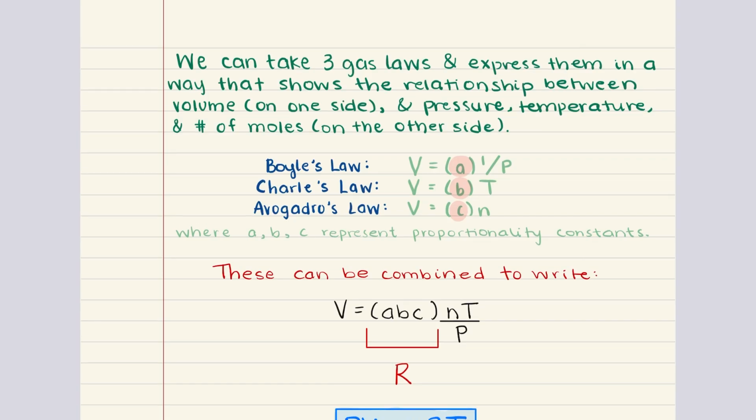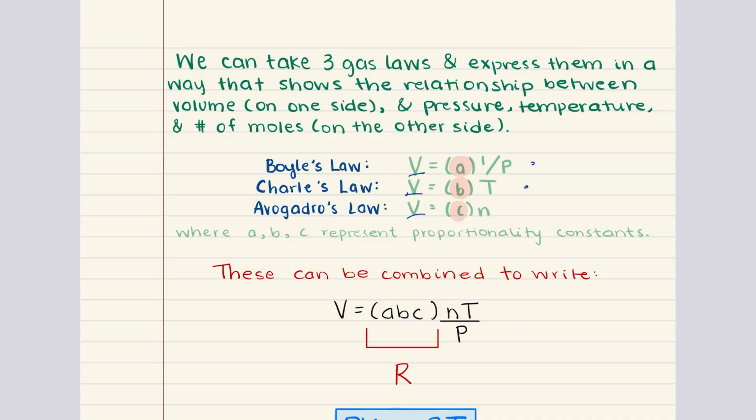3 of the gas laws we've covered express how volume depends on a different variable. We know from Boyle's law that volume is inversely proportional to pressure, meaning that as pressure increases, volume decreases.